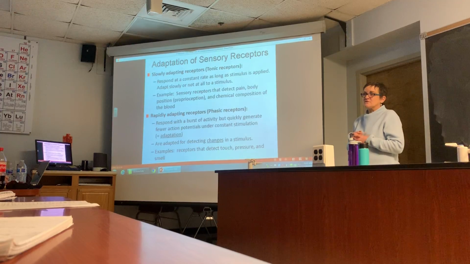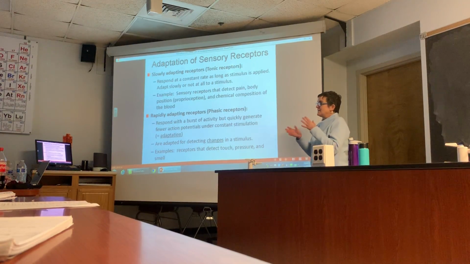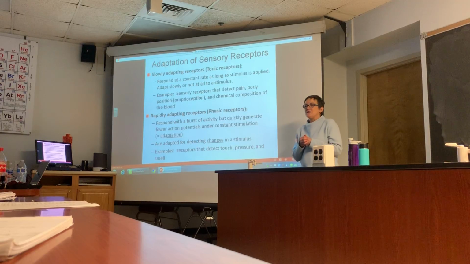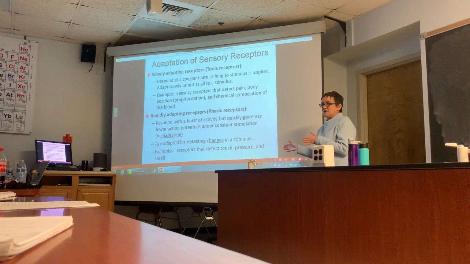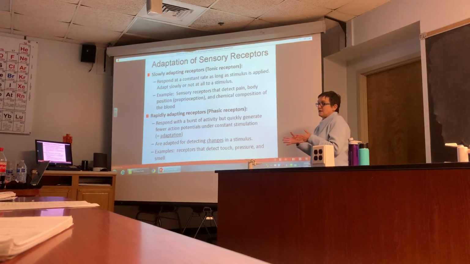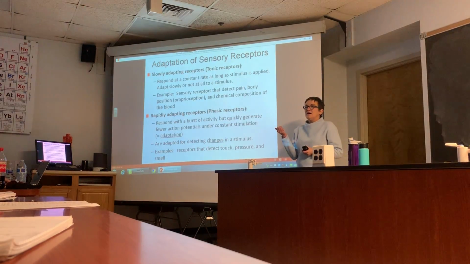They really ought to be called non-adapting, because many of these tonic receptors have such low adaptation that in some cases they don't adapt at all. This would include pain. As I said, often you don't have adaptation to pain.